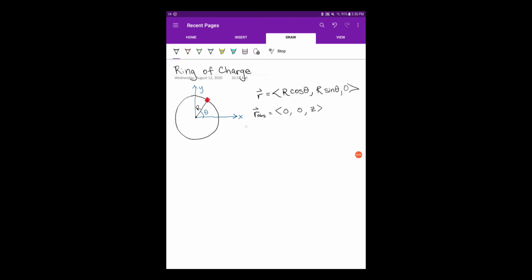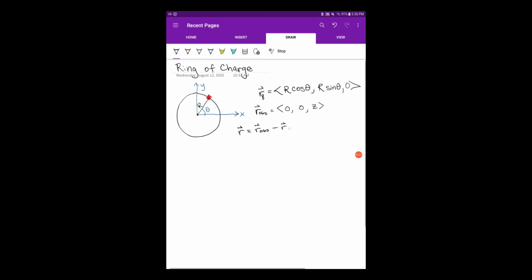The r vector that we're interested in knowing, so maybe I'll call this r q, is going to be the difference between the endpoint where we're observing and the point where the charge of interest is. That position is just the subtraction of these two vectors.